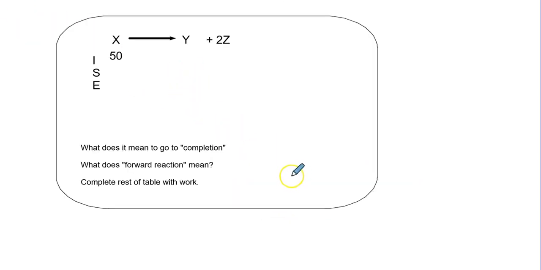Okay. Last one. So what does it mean to go to completion? That's a term that's going to start coming up more and more often as we come along here. It means you run until something runs out. This means you have a limiting reactant, which is everything we've done so far. What's the forward reaction? Well, that means this is just a forward process.